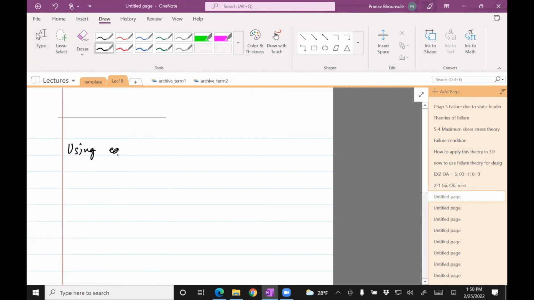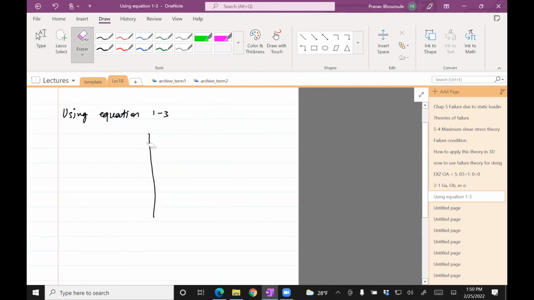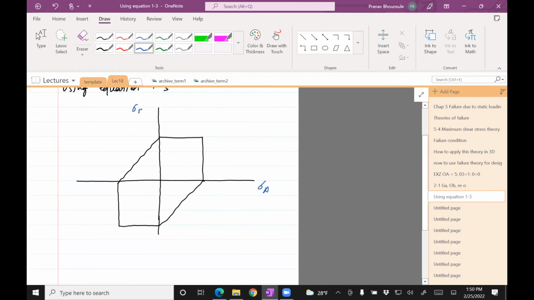Using equations 1 through 3, we have the following plot. Sigma A, sigma B, Sy.